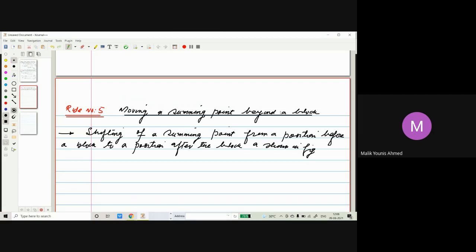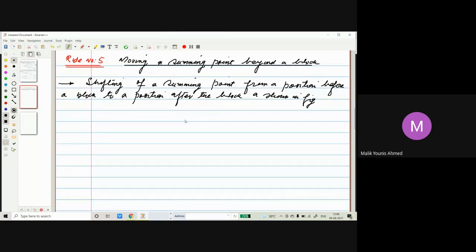So let us draw the circuitry and then we'll see how we can move a summing point from a position before a block to a position after the block. Let's have a look at this.